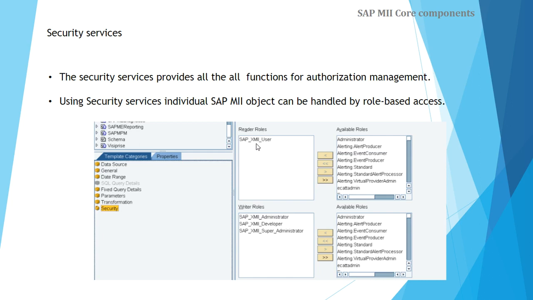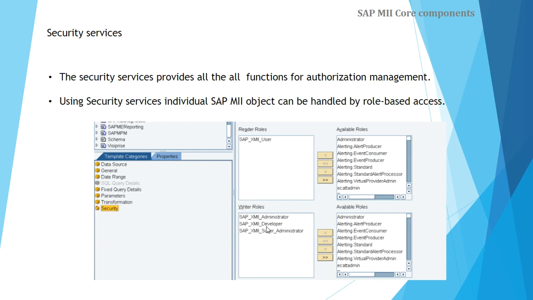A reader role, it means SAP_XMII_User. This is one role. If this role is assigned to multiple users, they can read this transaction only. They cannot do any write on this object. And those roles that have been assigned a write authorization can do both read and write.